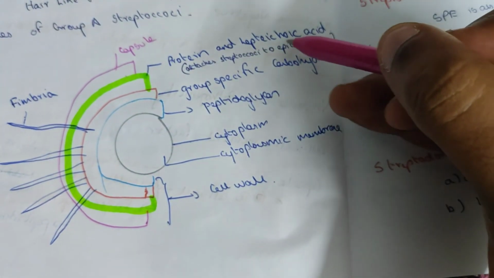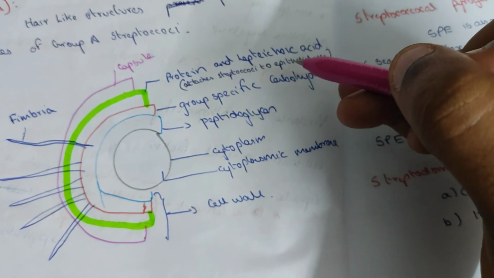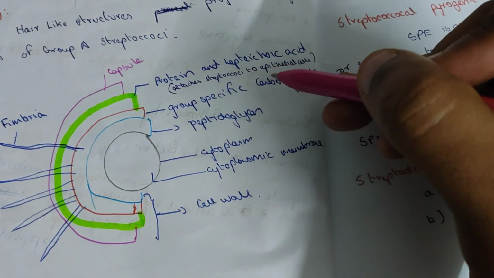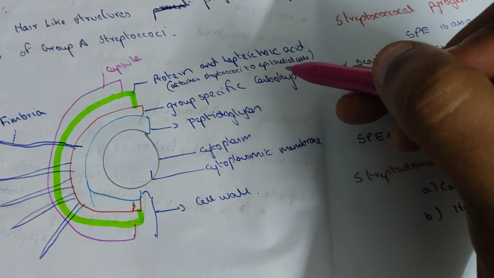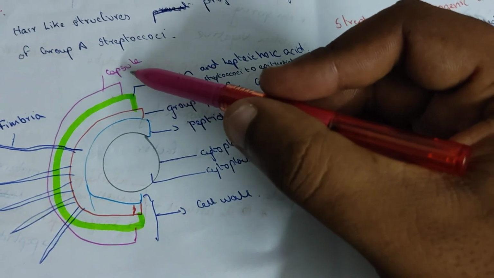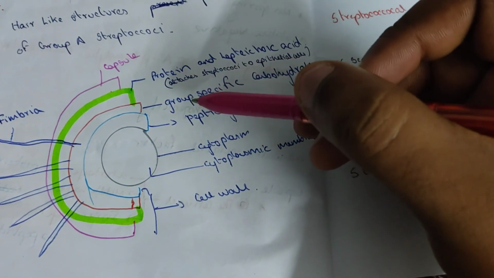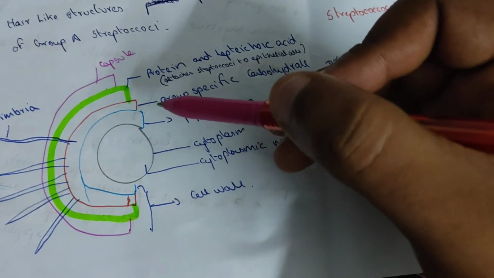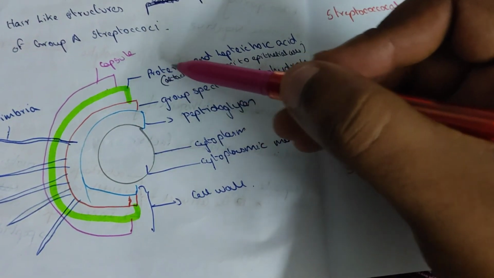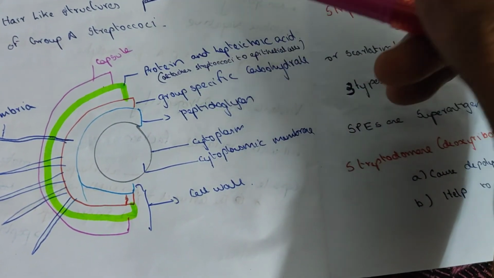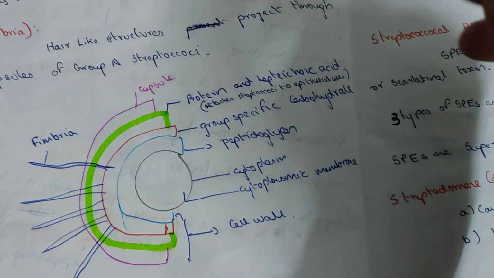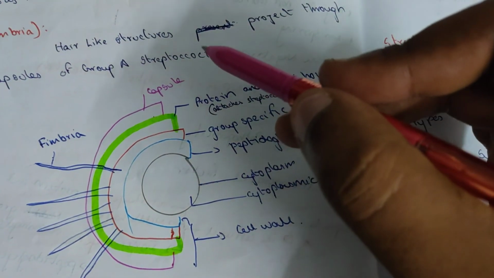Protein and lipoteichoic acid attach the streptococci to the epithelial cell. The outermost layer is known as the capsule. Above the cytoplasm is the peptidoglycan, and these are collectively known as the cell wall. This totally is the antigenic structure of Streptococcus pyogenes.